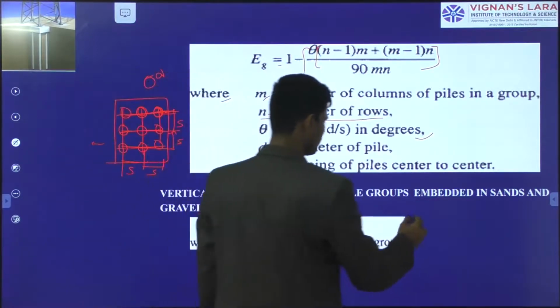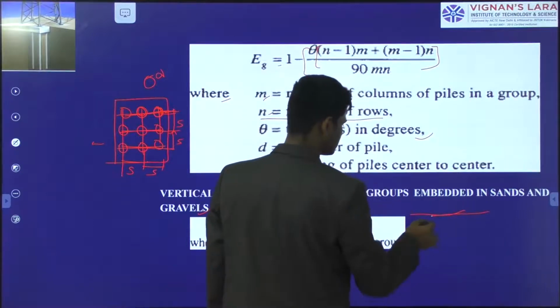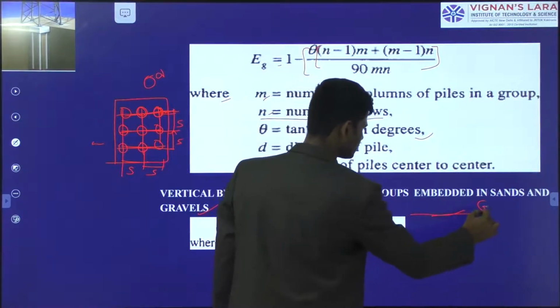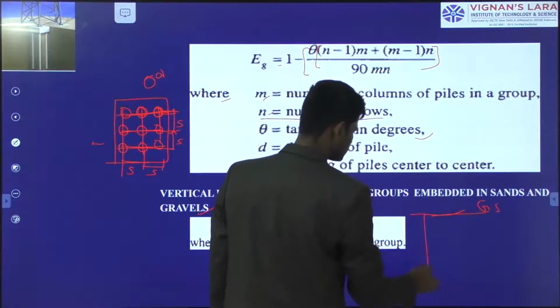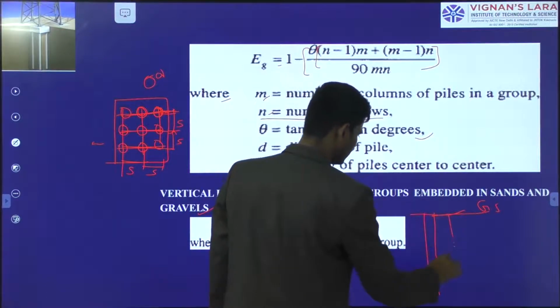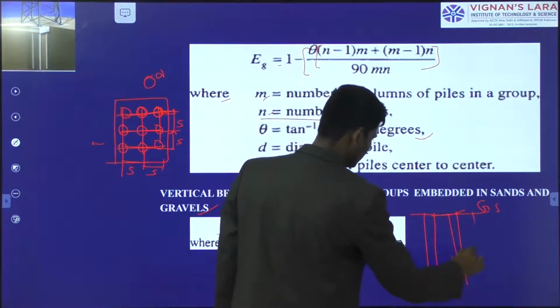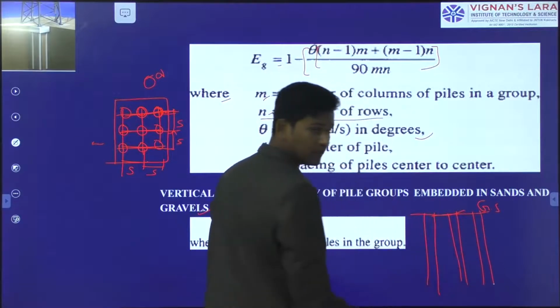The same example we have discussed in the previous condition. This is the ground surface. In this ground surface we have inserted one pile here, one more pile here, and one more pile here.